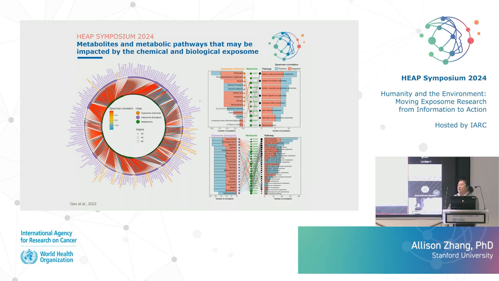A red line means positive correlation, and a blue line means a negative correlation. We could see there are over 4,000 correlations, and they are mainly positive correlations between the external environment with the metabolites. We also did a pathway analysis.